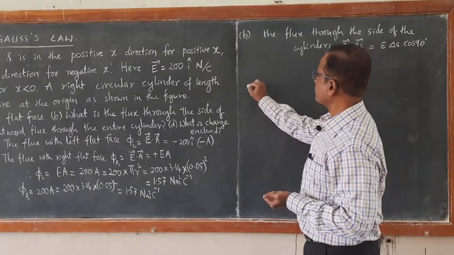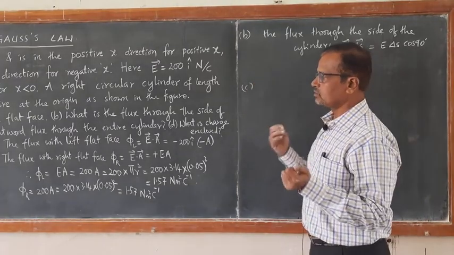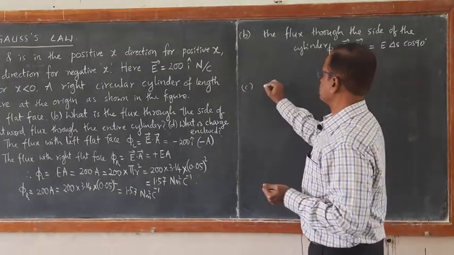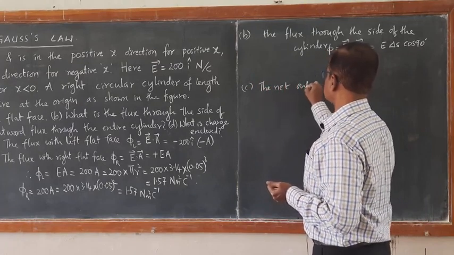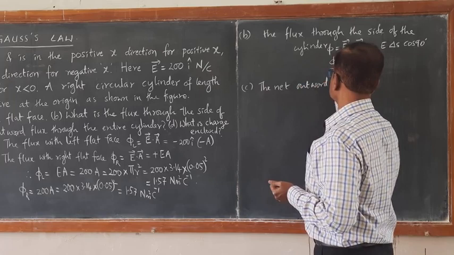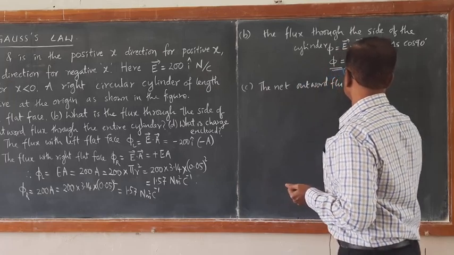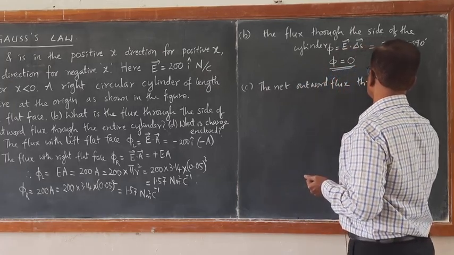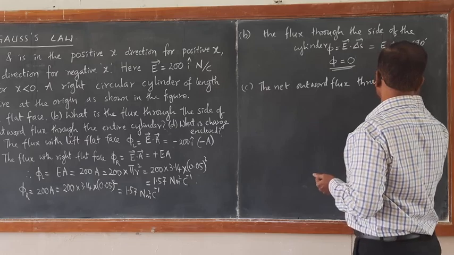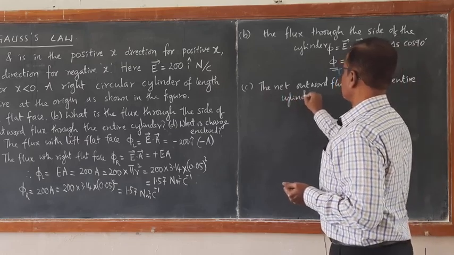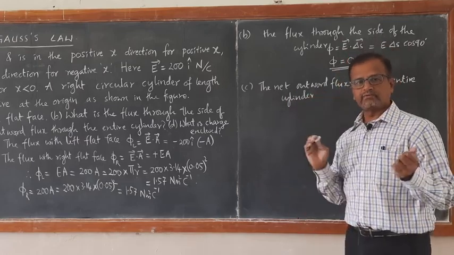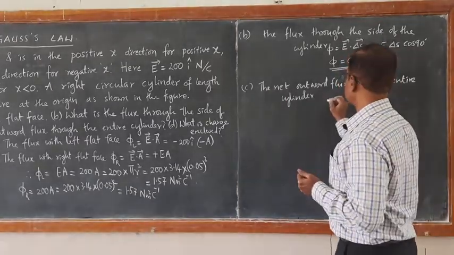Therefore, now we can calculate the net outward flux through the entire cylinder. The net outward flux through the entire cylinder is now only due to the flat circular faces.